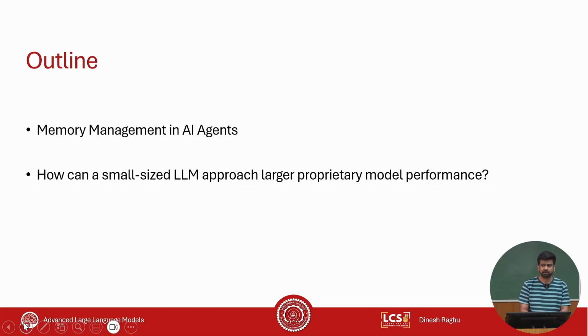So we will look at one very interesting paper on how they tackle this problem of fine-tuning a small language model for the task at hand, right? And this task is agentic in nature, in the sense it's a complex task. In the previous lecture, part 2 of using external tool calls, we did see how to fine-tune using RL, but that was specific to the use of tools, right?